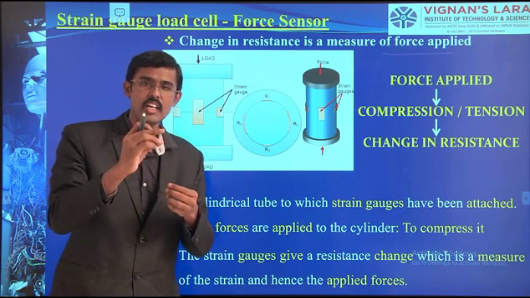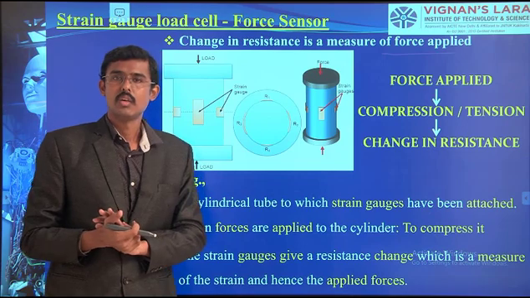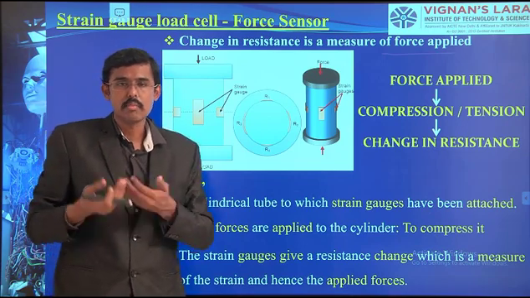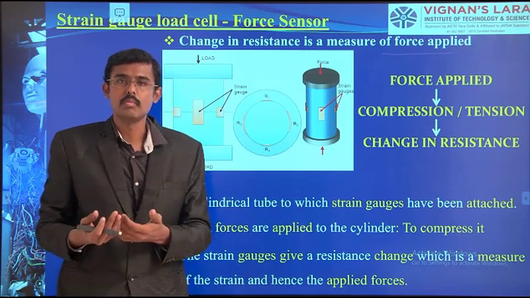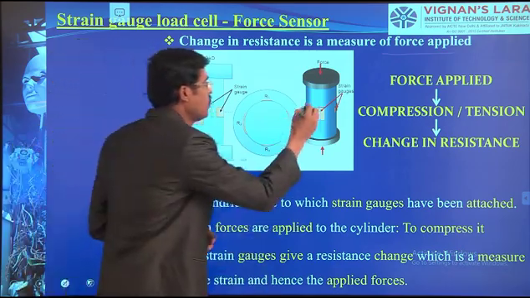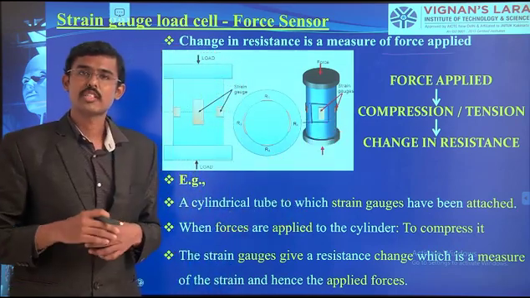So this strain gauge has some fixed calibrated resistance. When that resistance changes, that belongs to maybe a compression load, or maybe a tensile load. That is why we have taken that strain gauge and fixed it here.